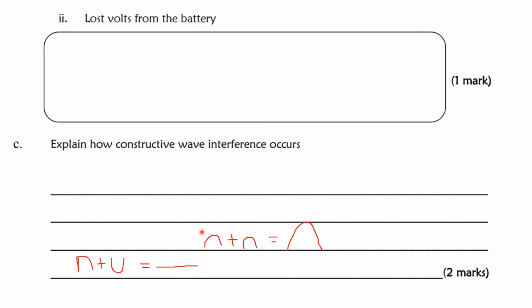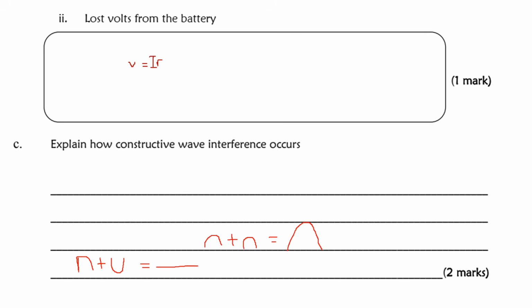So lost volts is simply equal to the volts lost within the cell due to internal resistance, given by the small v, which is simply equal to internal resistance multiplied by current.